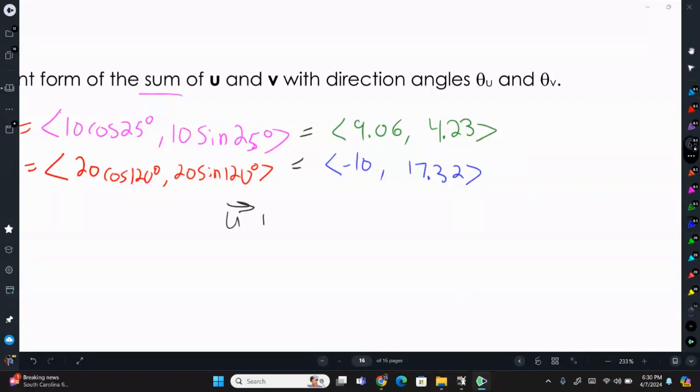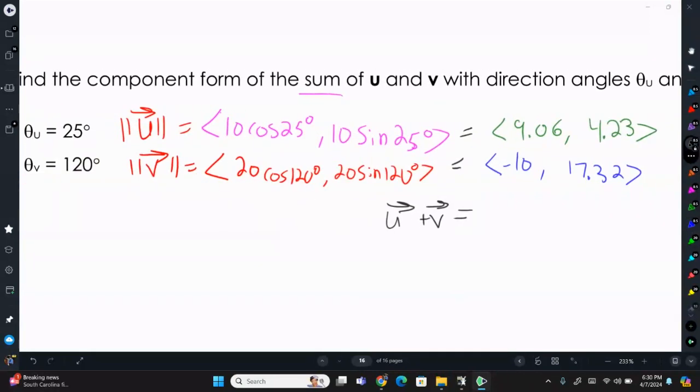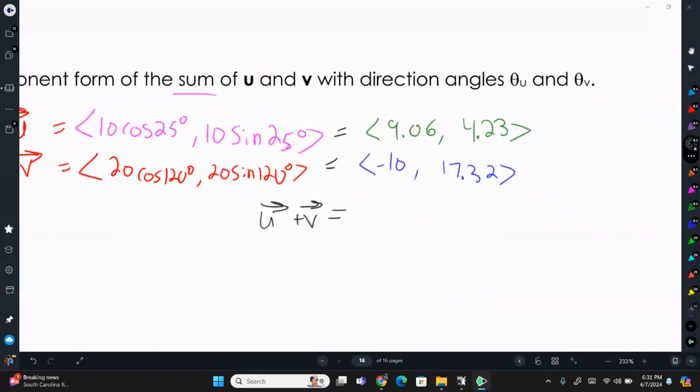So u plus v is going to be 9.06 plus negative 10, and that gives us negative 0.94, and 4.23 plus 17.32, and that's 21.55.